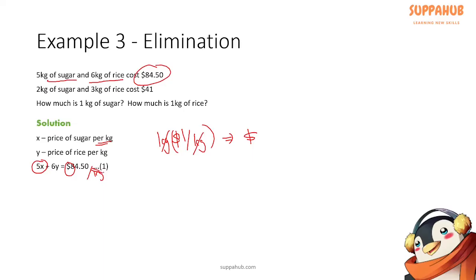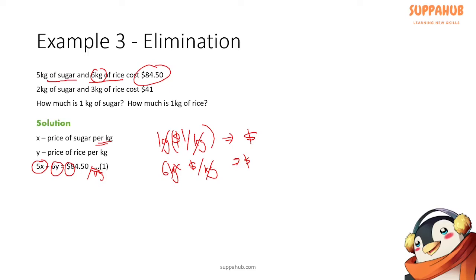It's only dollars. Got it? Same with 6y. 6y is also 6 times y, which is in dollars per kg. So you cancel kg and you get dollars, because 6 kg of rice. So the equation makes sense.